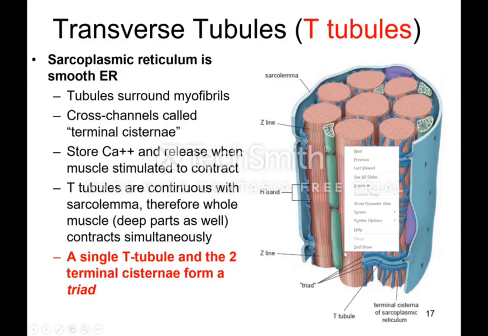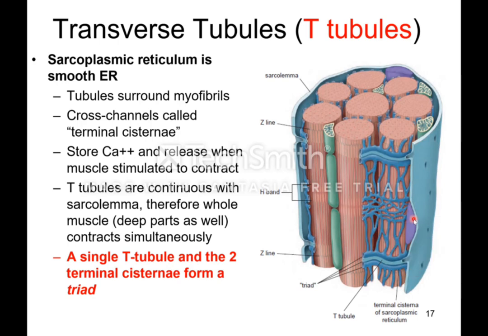Until here, you know about the sarcomere and thick and thin filaments. The other structure located in the skeletal muscle is the transverse tubules, or T-tubules. Transverse tubules, as their name suggests, are located transversally to the sarcomeres and myofilaments.